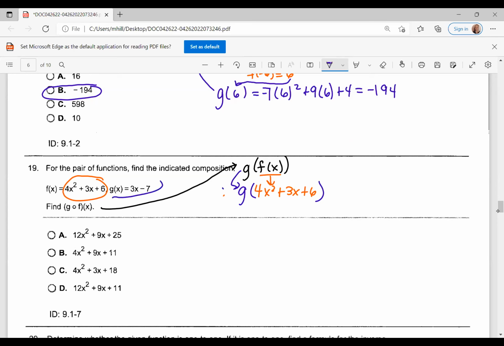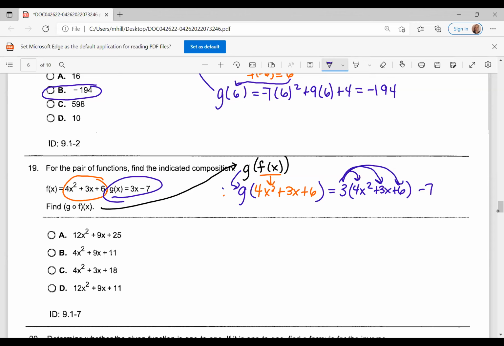So here's my g. So when we do this, we would get 3. And we need a very big blank there because inside that blank is supposed to be 4x squared plus 3x plus 6. And then we can put our minus 7. So all I've done is written down g, and wherever I see an x, I'm going to leave that blank. And I plug in my f inside of that x. So the last thing that we want to do is kind of simplify this.